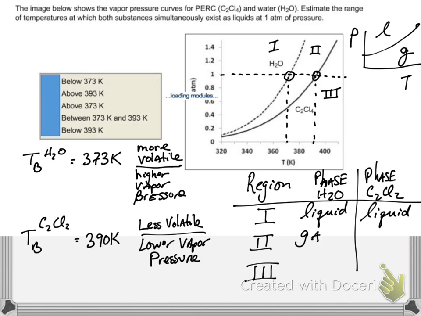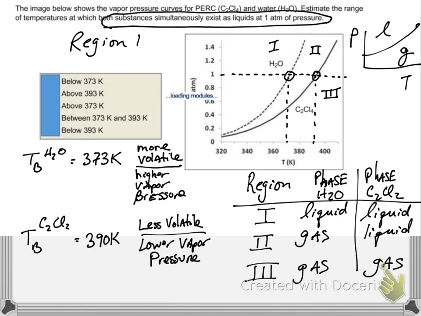In region 2, which is to the right or below the line for H2O, water is a gas, but it's still above the line for C2Cl4, so that's a liquid. And in region 3, we are to the right or below both of the lines, and that gives us gas for both water, H2O, and C2Cl4.